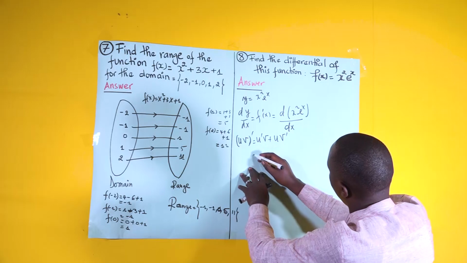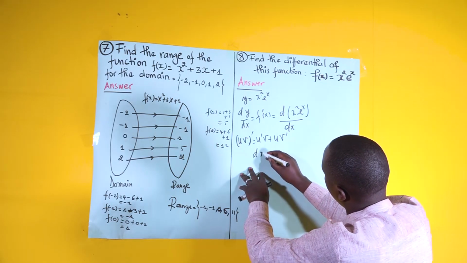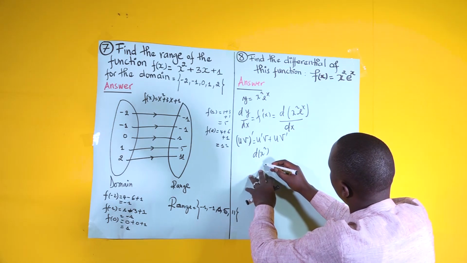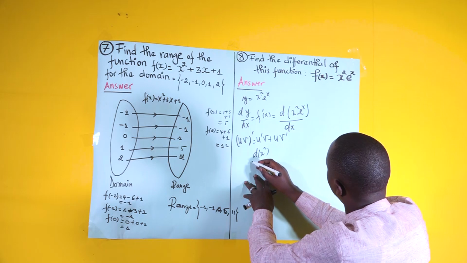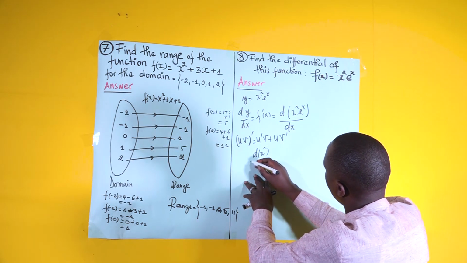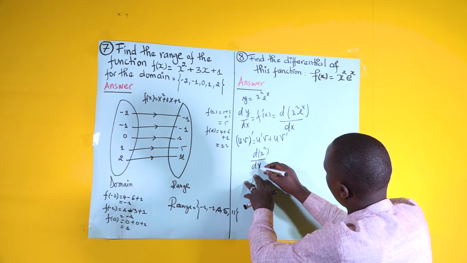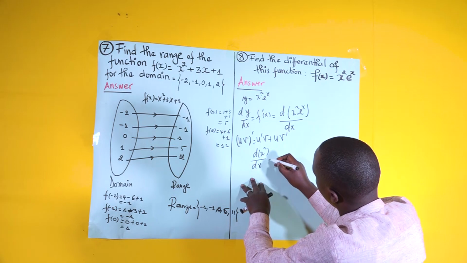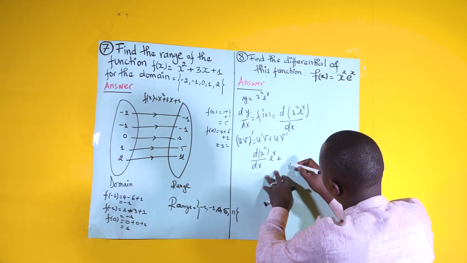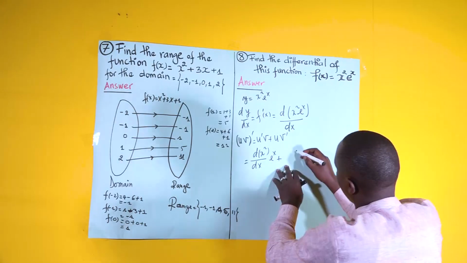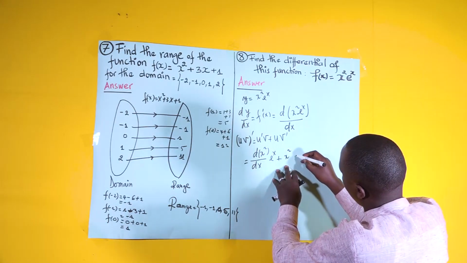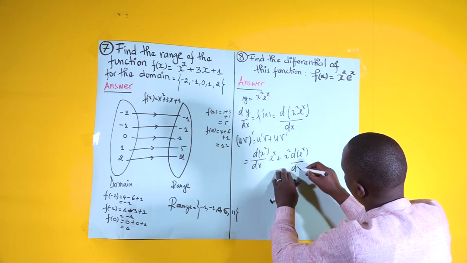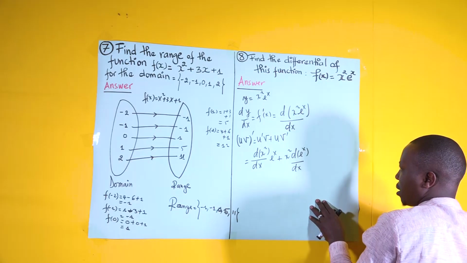So what shall we make? The derivative of x squared in terms of x, and we shall multiply it by e to the x, plus x squared times the derivative of e to the x in terms of dx, right?